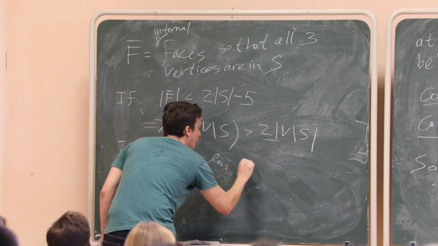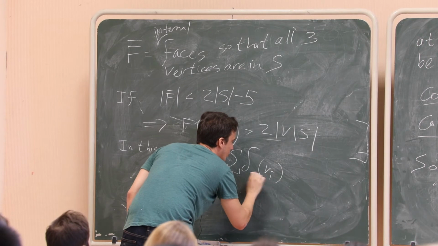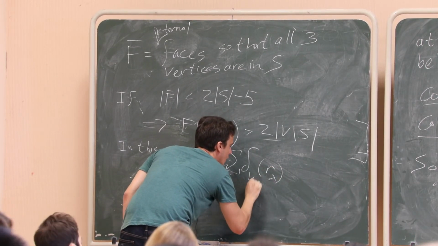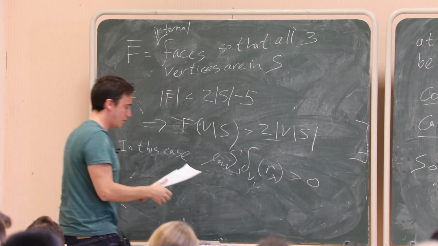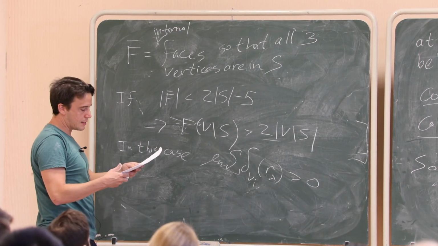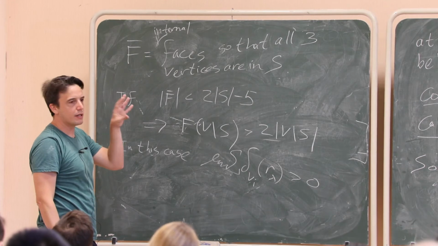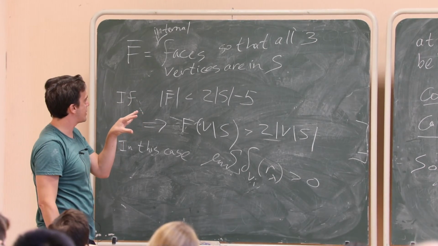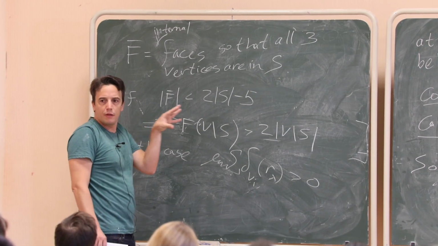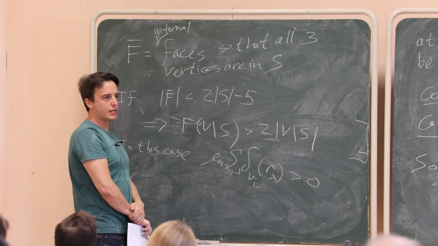So in this case, the sum of the defects is bigger than 0. So this is one case. You can think about this case as the one where, for instance, V minus S is a set deep inside the graph that doesn't contain any of the outside vertices.